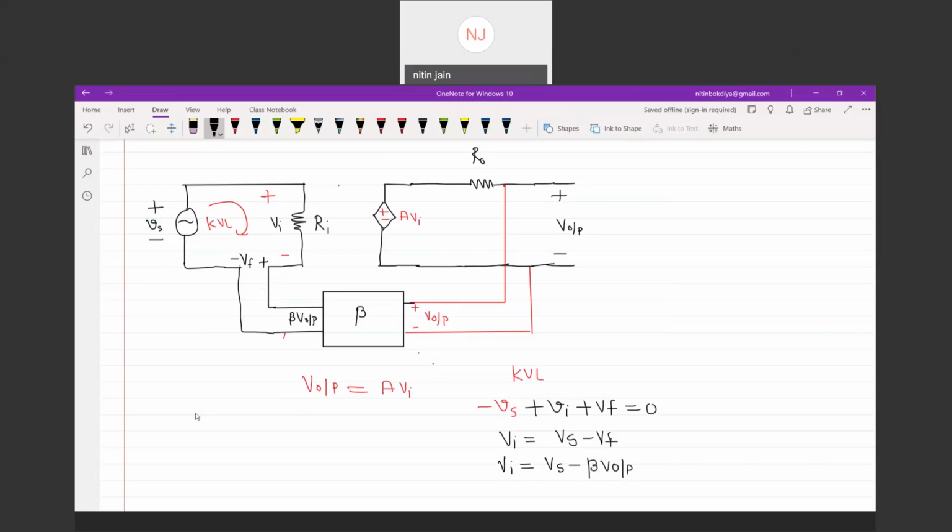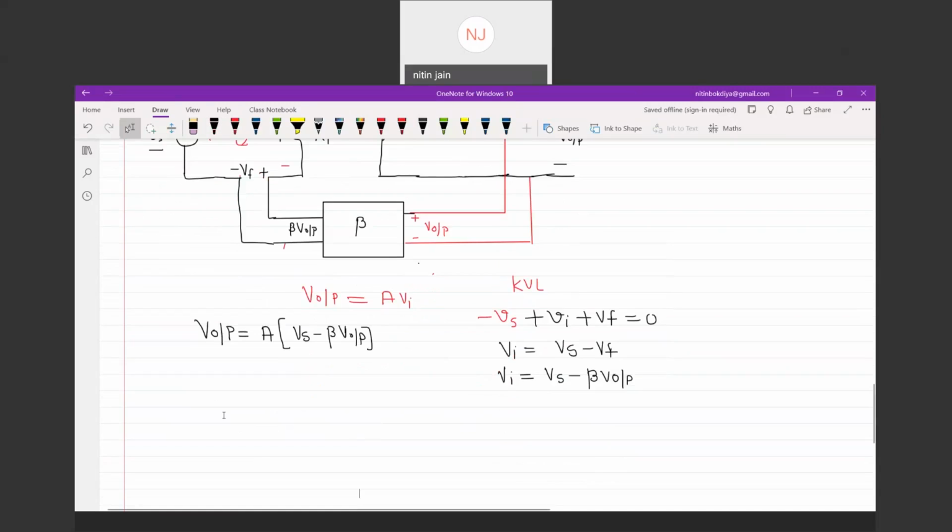So V output is equivalent to A times (VS minus beta into V output), which gives A into VS minus A into beta into V output.